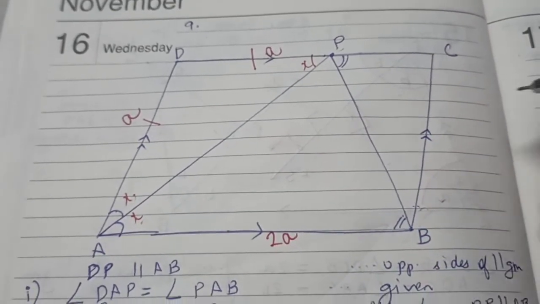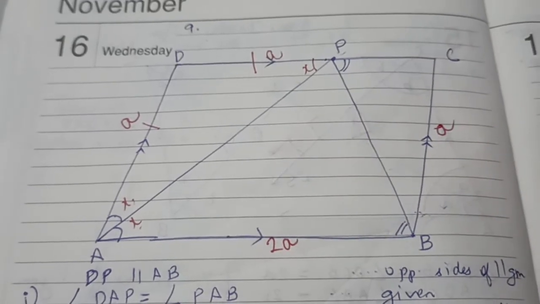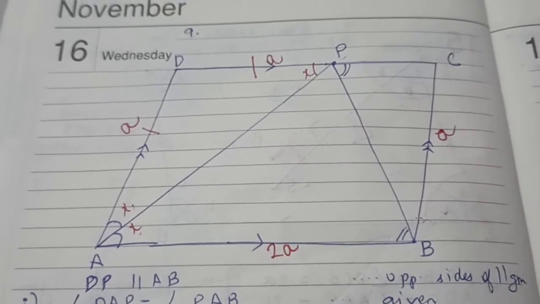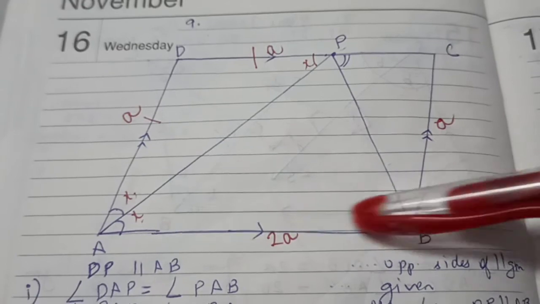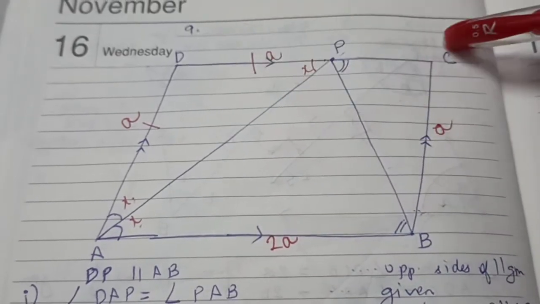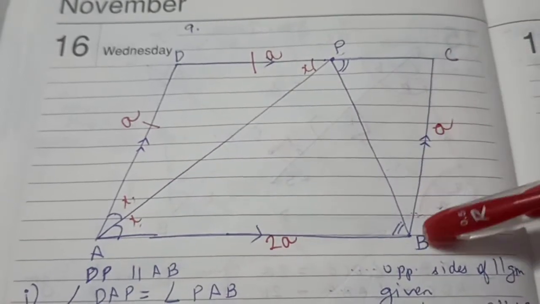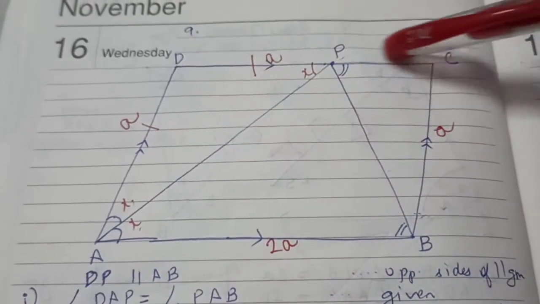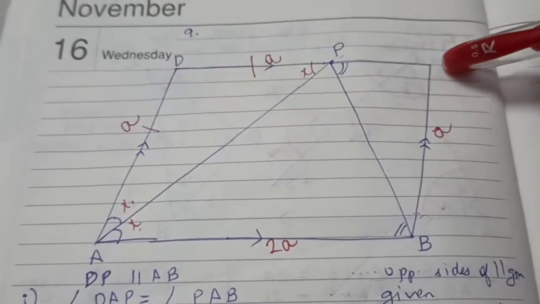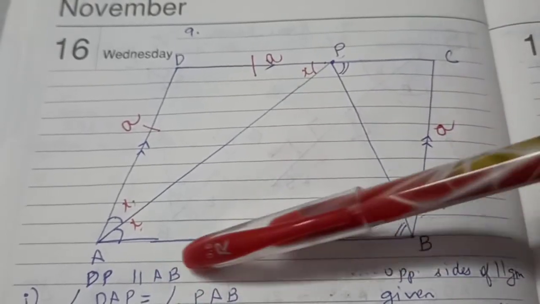That means CB is also A. Now AB is equal to DC, opposite sides of a parallelogram, just like these are also opposite sides. That means DC is entirely 2A, just like this was 2A.